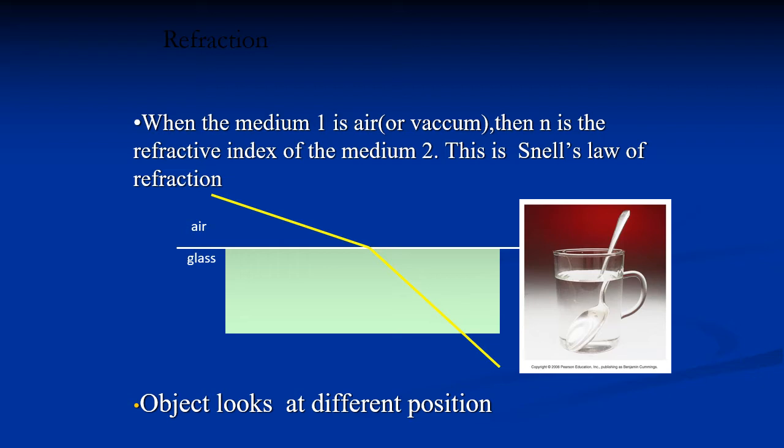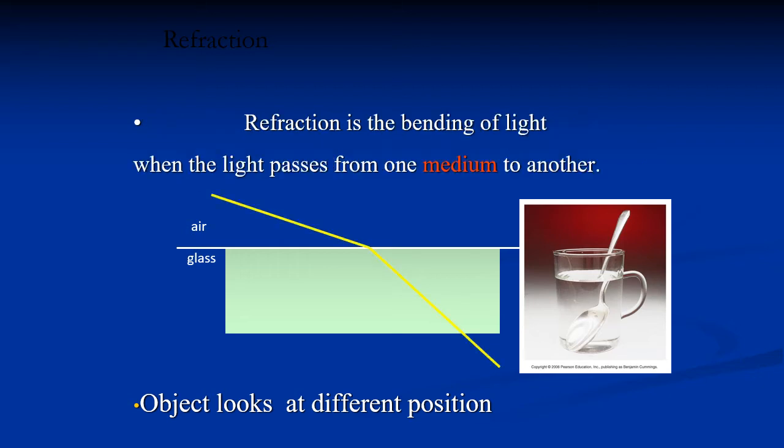So when light travels from air to glass, the speed changes, and as the speed changes, bending of light occurs. This bending of light is called refraction, when light passes from one medium to another medium.